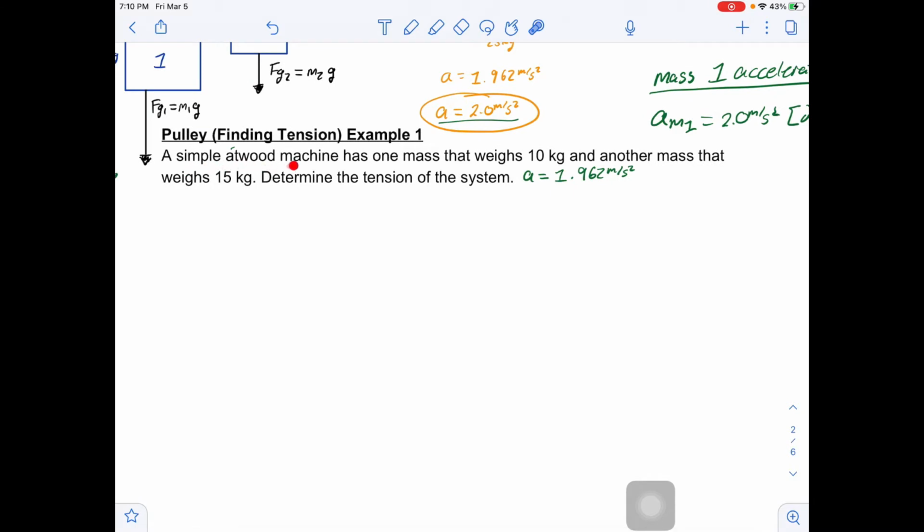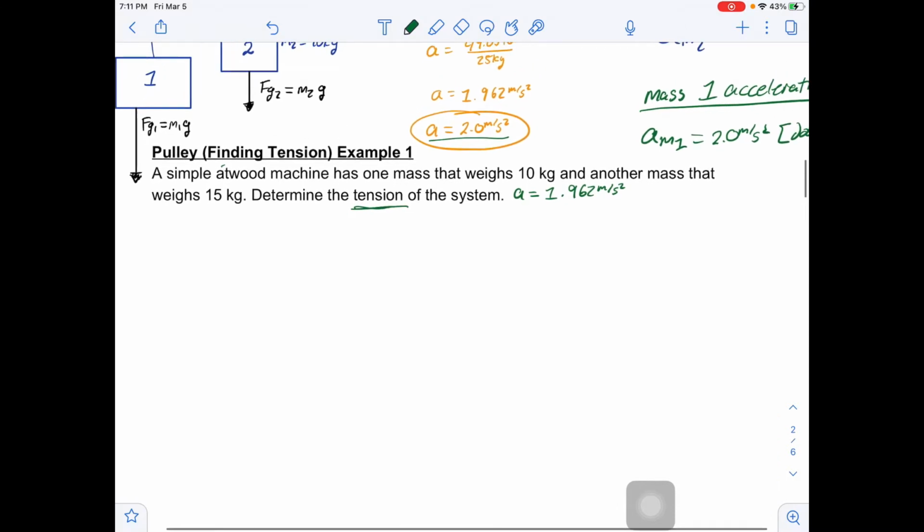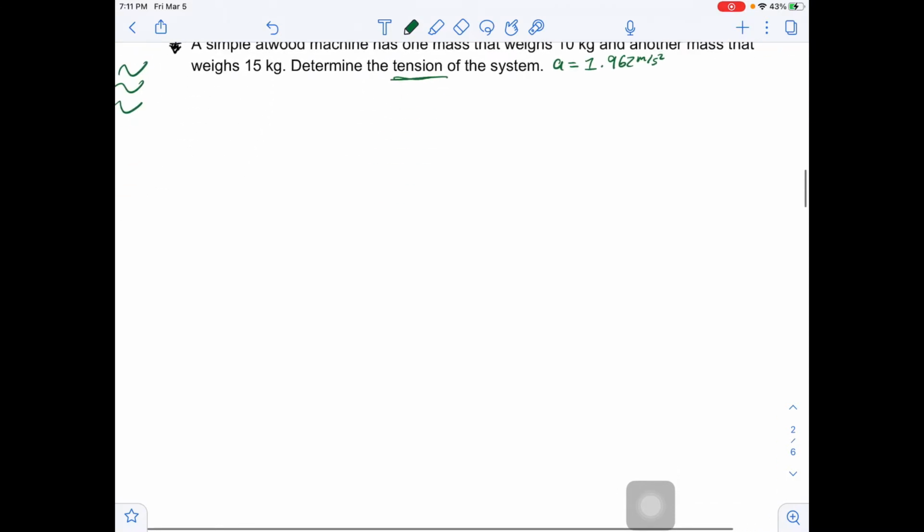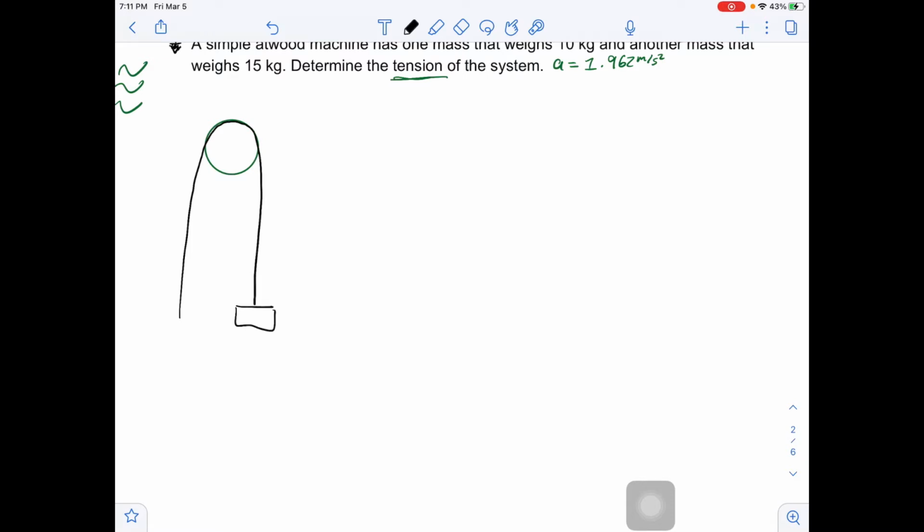So a simple Atwood machine has one mass that weighs 10 kilograms and another mass that weighs 15 kilograms. Determine the tension of the system. So we're going to find the tension in the ropes. Now, if we draw this out again, we know exactly what's happening with this system.